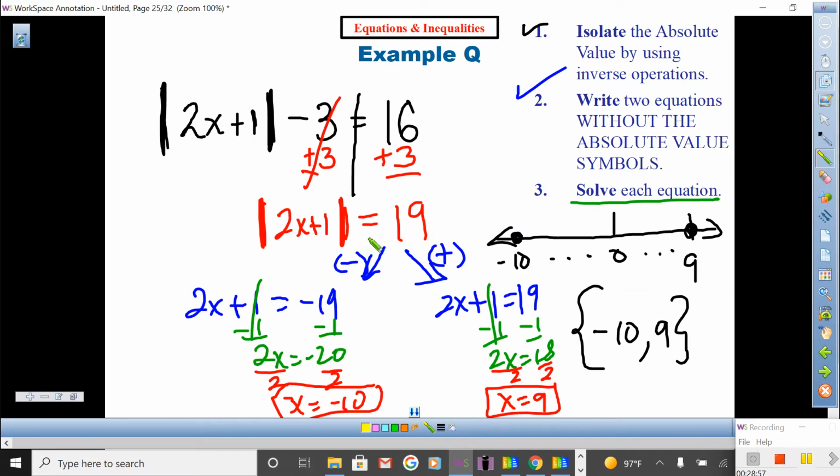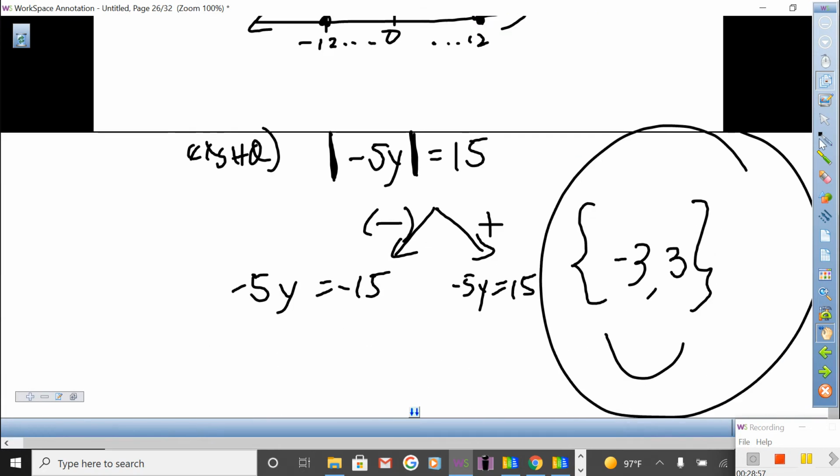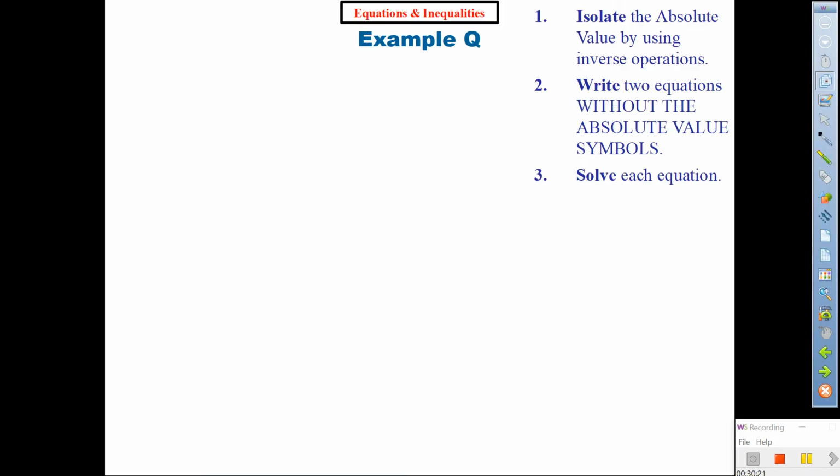Absolute value by itself is right here, and we ended up with this number. How many solutions? Okay. And absolute value by itself, we got this number. How many solutions? Okay. Absolute value by itself, we got this number. How many solutions? 2. Okay. All right.